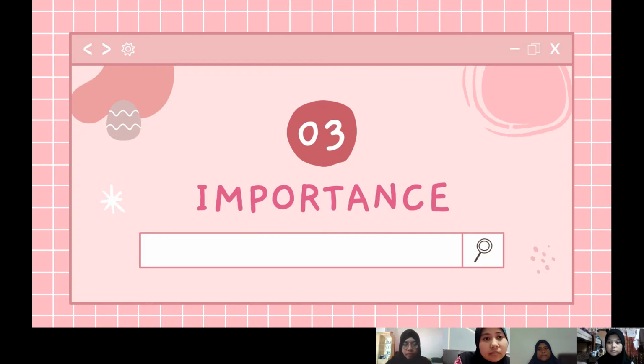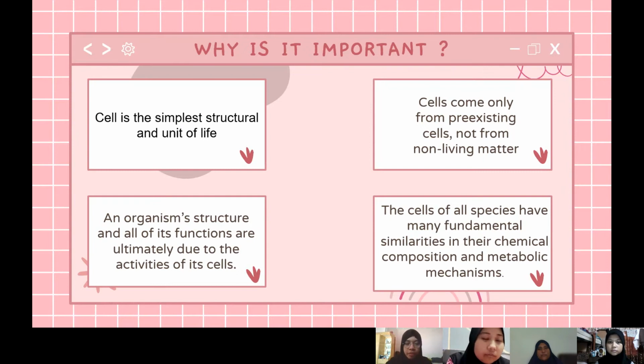Okay, I'll brief about the importance of cell theory. As a student of AS 114, it is important to learn about cell theory because the cell is the simplest structural unit of life. Cells come only from pre-existing cells, not from non-living matter.